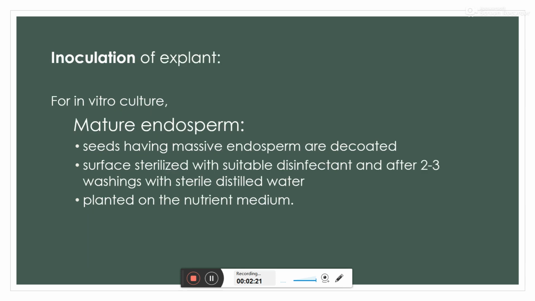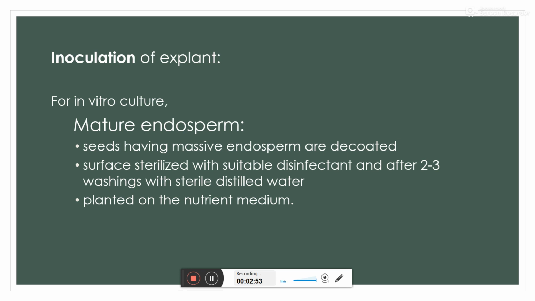Next is how the explant is inoculated. We already said this is in vitro development. In matured endosperm, the seeds have a massive endosperm tissue, so we have to decoat the seed to get the massive endosperm. The surface is sterilized with a suitable disinfectant and washed 2-3 times with sterile distilled water.